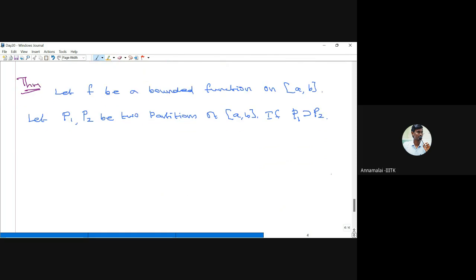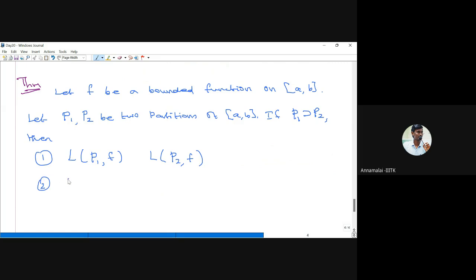Then what is the relation between the lower sum with respect to this partition and the lower sum with respect to that partition? So we can talk about the lower sum of the function with respect to P1 and the lower sum with respect to P2.